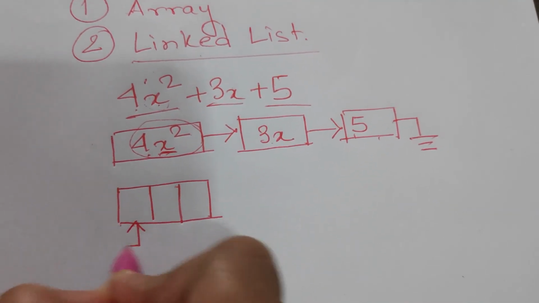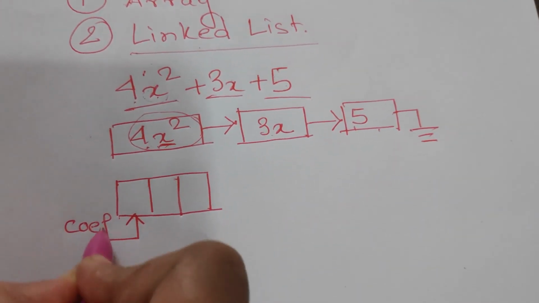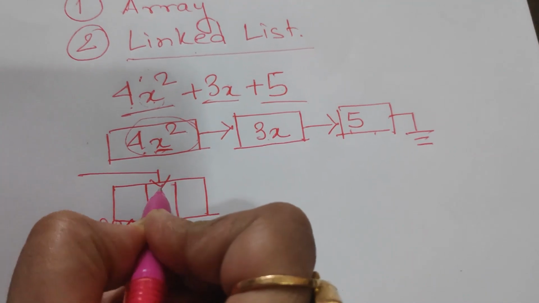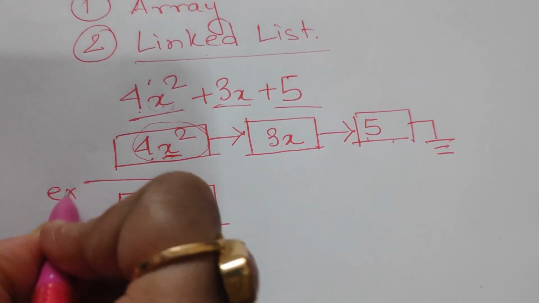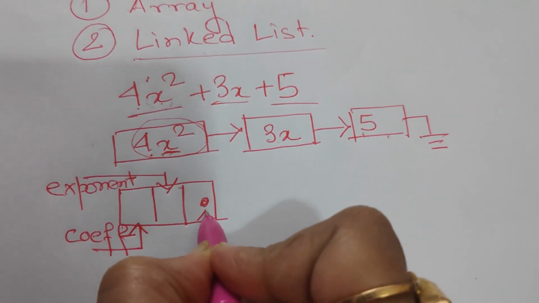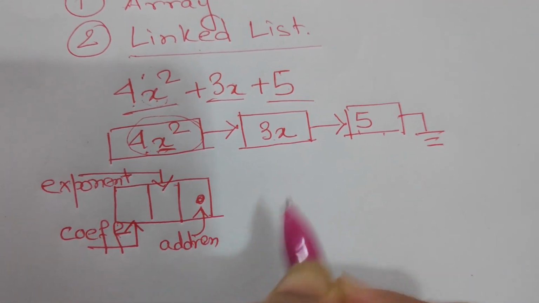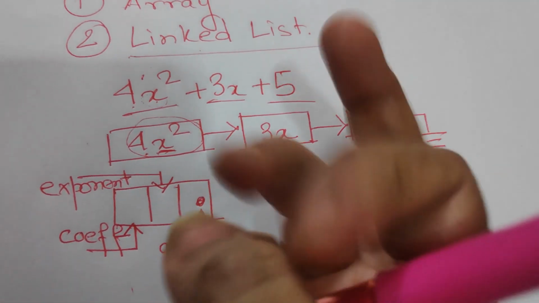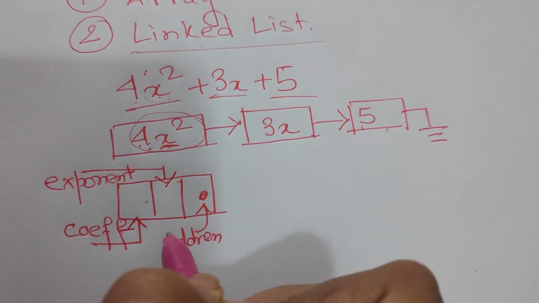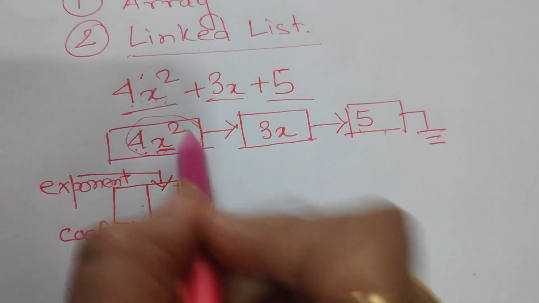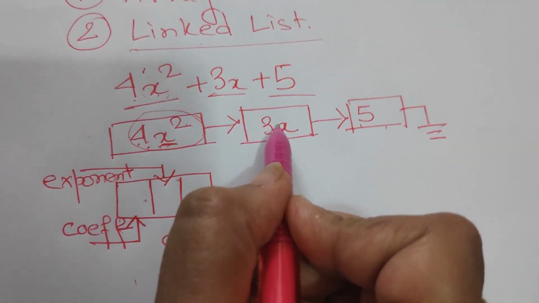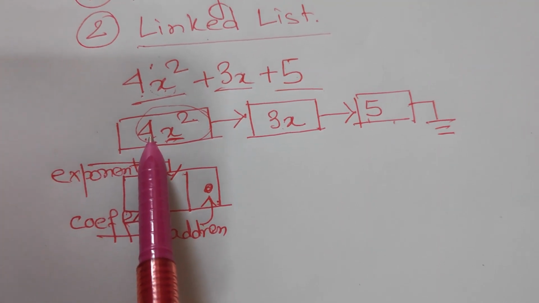One part represents the coefficient of the term, the next part represents the exponent of the term, and this is the address part. So, each node contains 3 parts. First part represents the coefficient, second part represents the exponent, and the third part represents the address of the next node of the list.